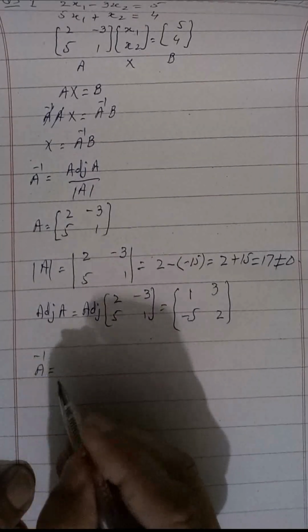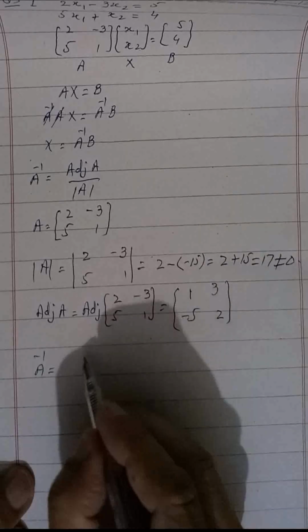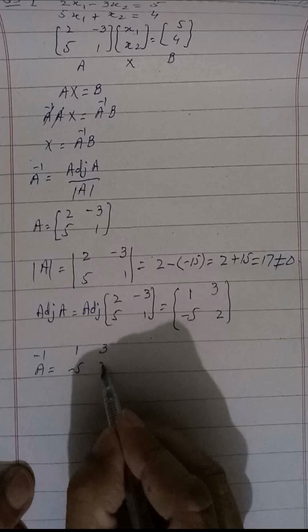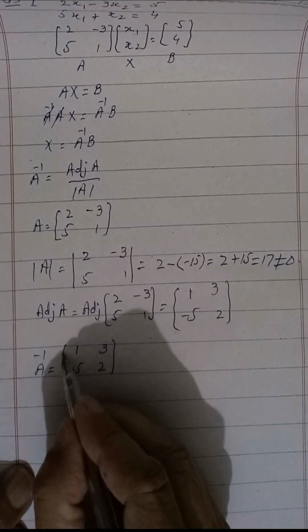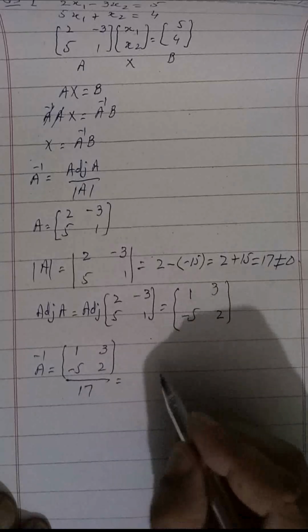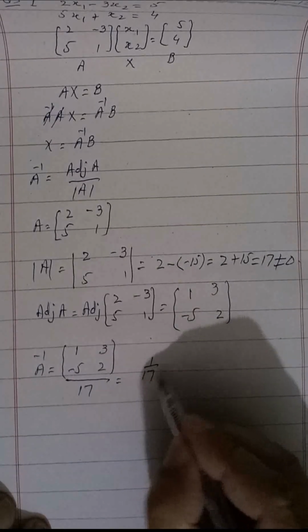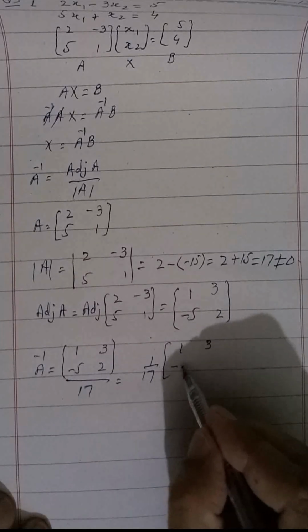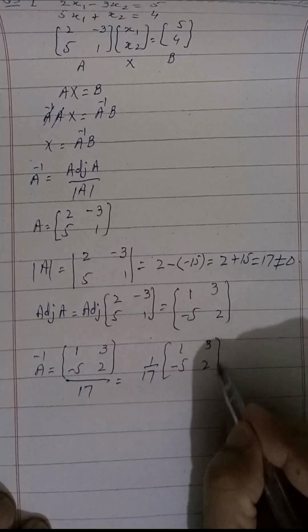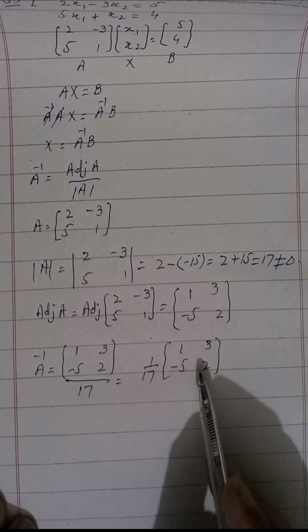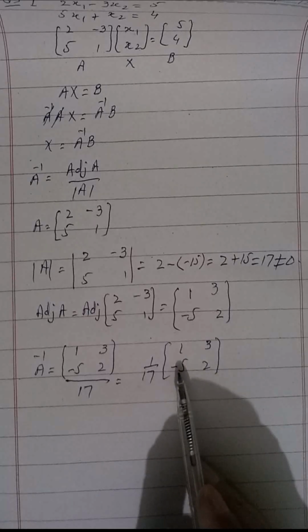A inverse is equal to adjoint A, which is [1, 3; -5, 2], over determinant 17, and we can write it as 1 over 17 into [1, 3; -5, 2]. This is A inverse.